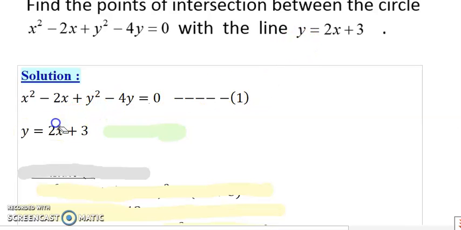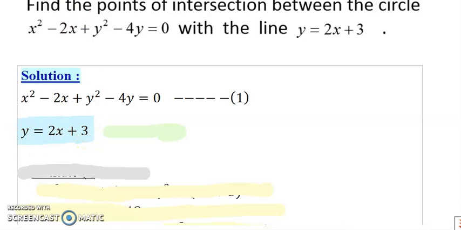Then I state the line equation as equation 2. Before you do that, I suggest you make sure your straight line equation is rearranged so that you have either y in terms of x or x in terms of y. In this question, the line equation is already written as y in terms of x.